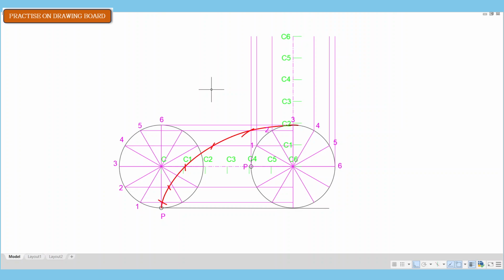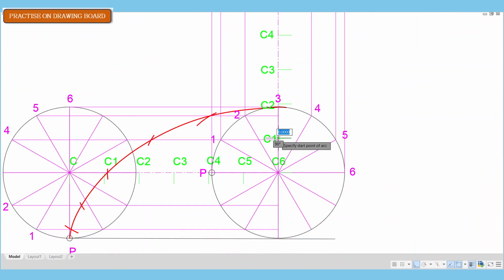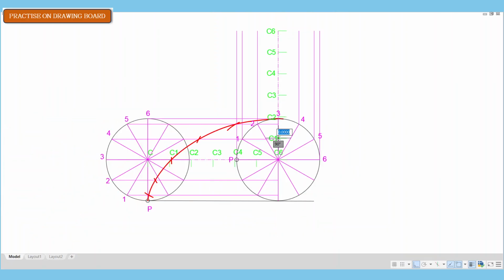So we can now use our compass, and then with the radius of 25, we stand at center 1. That is our center 1. And we look for the vertical line labeled 1, which should be this one right here.